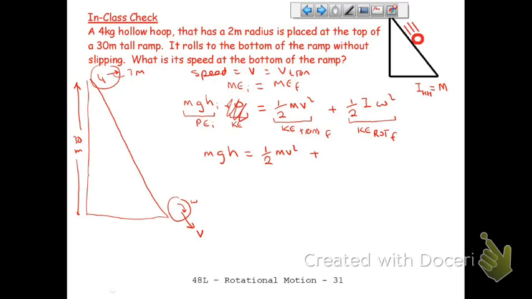I for the hollow hoop is equal to mr squared. It's a hollow hoop, so that's going to be a half times mr squared.